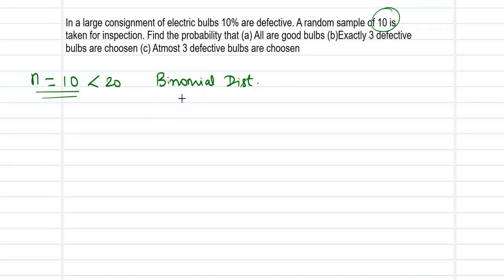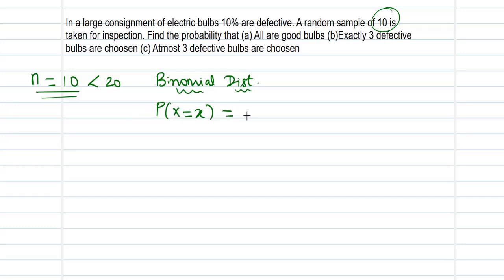Once we have decided we are going to use binomial distribution, the first thing is to fix the problem for the probability of binomial. So we consider the formula for the probability mass function of binomial distribution.